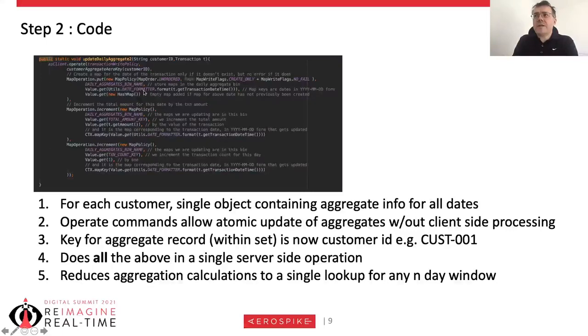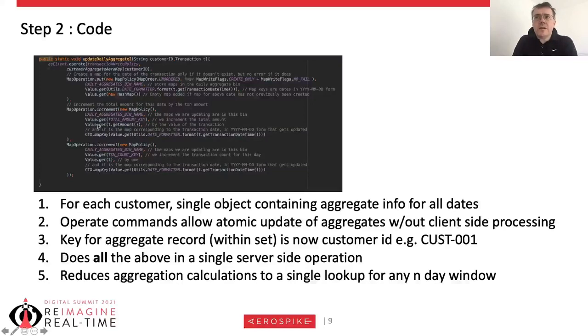This date formatter basically truncates the date time, and you see that we're putting in a new map if one doesn't exist already. The next two things you see pretty much do the same thing as before. So we're updating the total spend for that day and the transaction count for that day. In fact, it's exactly the same as before.